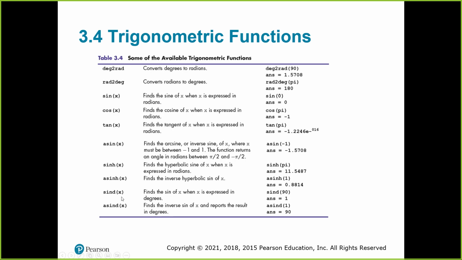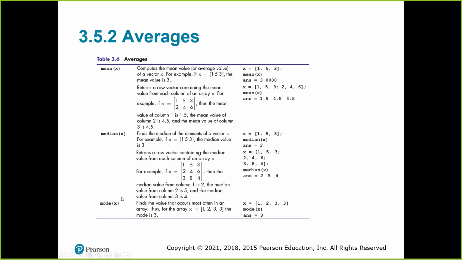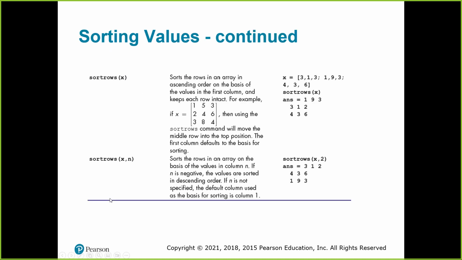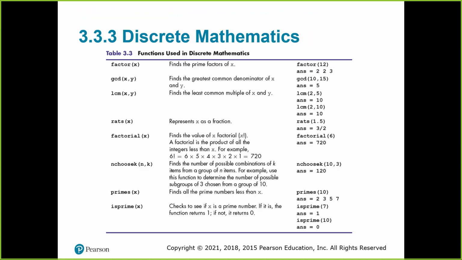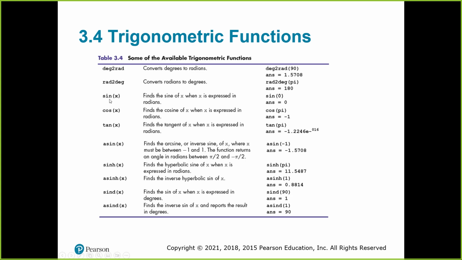But if you do sind, it works in degrees. So without the d is radians, with the d is degrees, right there. And it works with tand, cosd. So it'll work if your angle input is in degrees and you don't want to convert it.